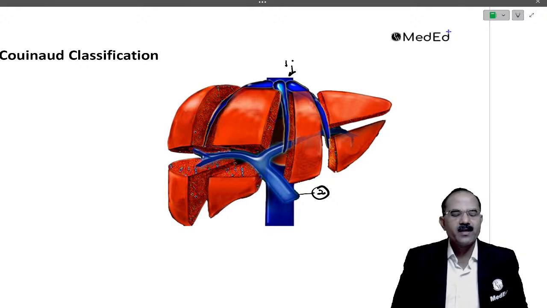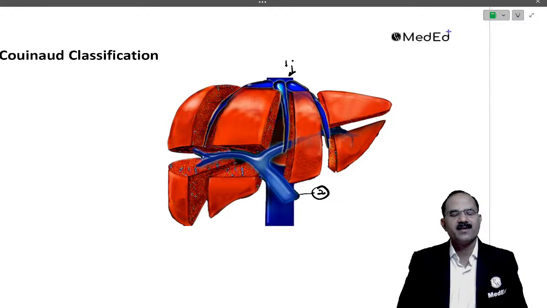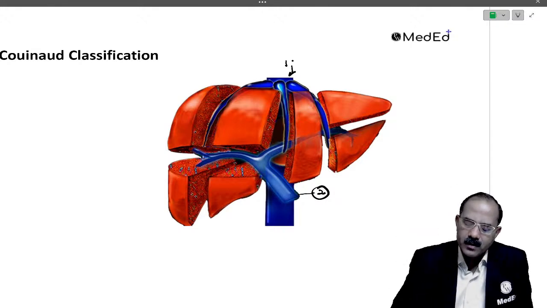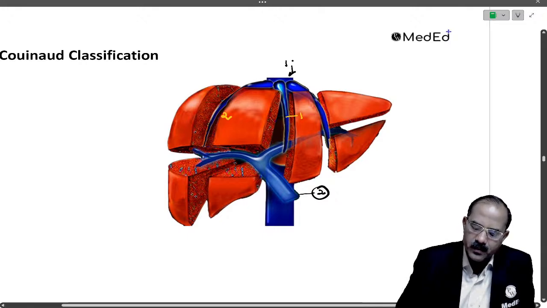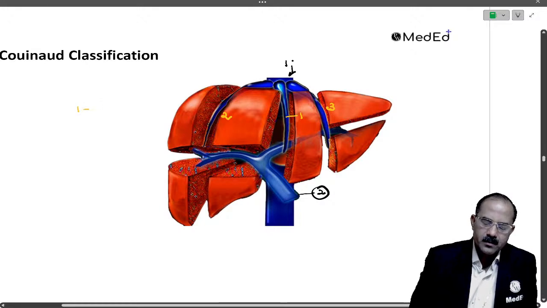Number 2 is the portal vein. What is number 1? Number 1 is not IVC. That's the hepatic vein. See, I'll put it like this: number 1, number 2, and number 3.